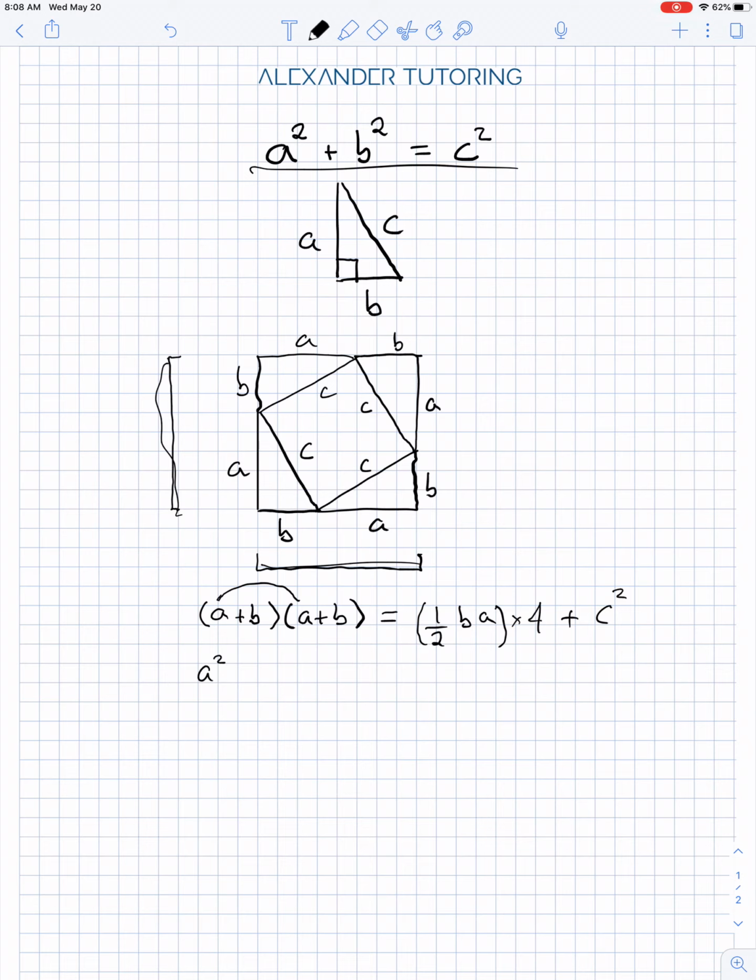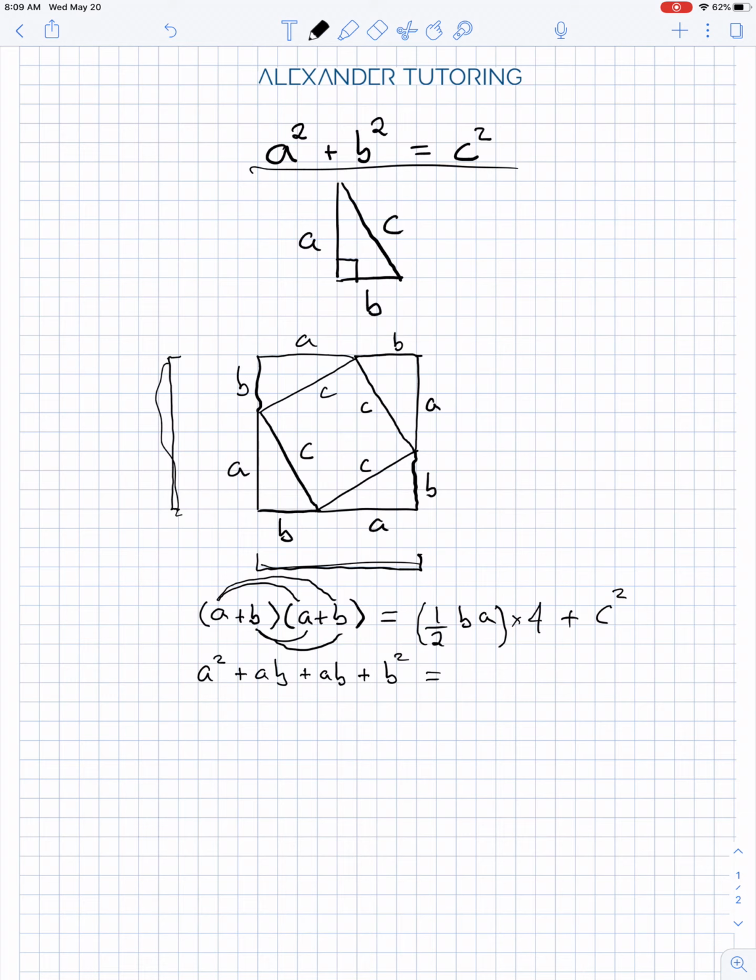And then we're going to multiply this guy, a times b, so we go plus ab. Okay, and then we're done with the a. We move on to the b. b times a is ba, or ab. Order doesn't matter in multiplication. 2 times 3 is the same as 3 times 2. And then finally, we do b times b, which is b squared.